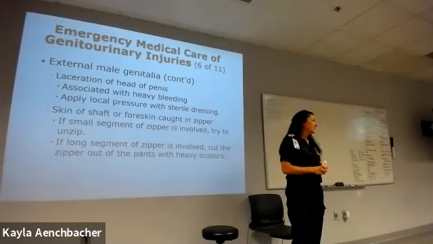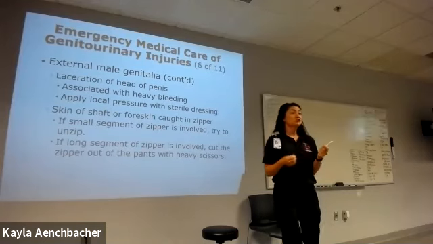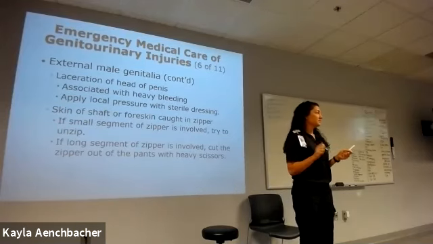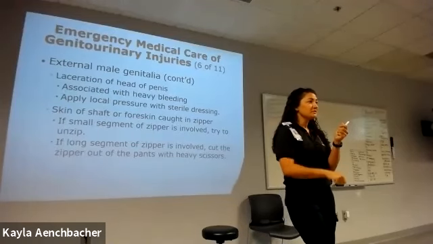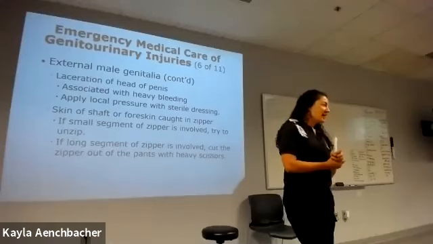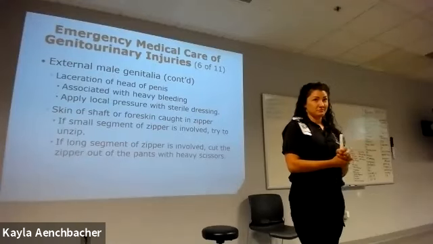All right. So what if we do have any type of soft tissue that gets caught up in a zipper? Don't try to pull it out, first of all. Should we try to unzip the zipper? No. What should we do?